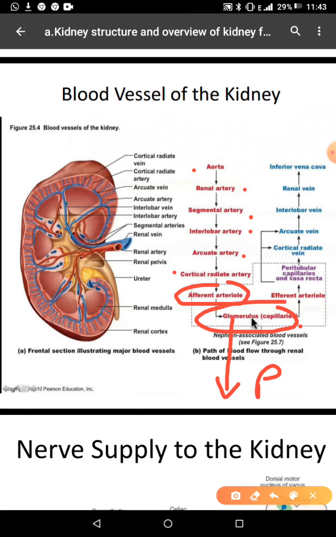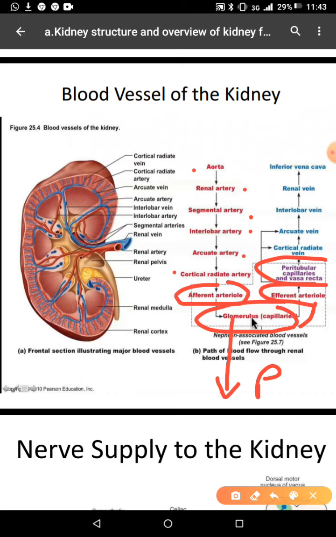From there, they'll move into the efferent arterioles. Efferent arterioles, these are also regulated. Okay, they can either constrict or dilate, depending on the body's needs. From the efferent arterioles, there is also this called the peritubular capillaries and vasa recta.